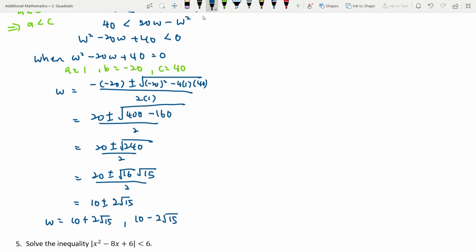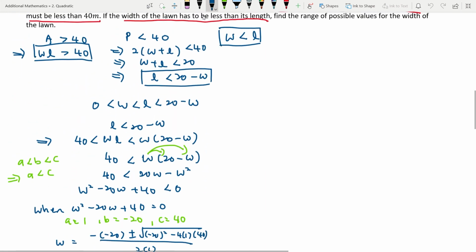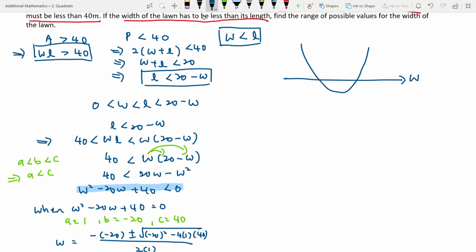After that, we sketch the graph. This is the inequality. We have a positive W square, so it is a smiling curve. And it cuts the axis at 10 minus 2 square root 15 and also 10 plus 2 square root 15.